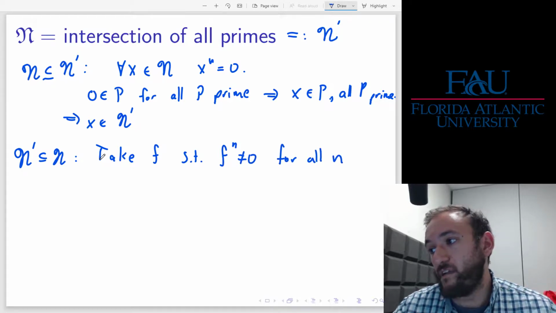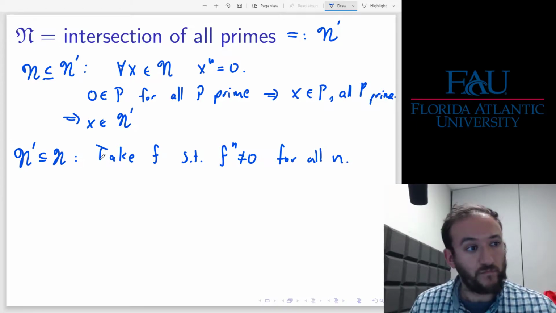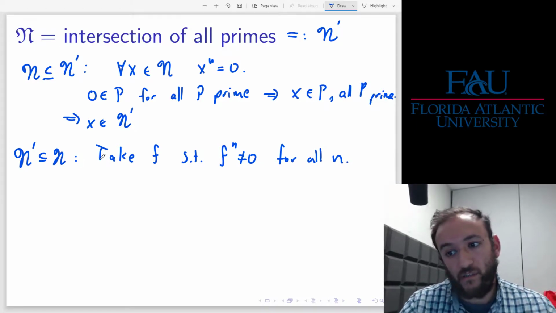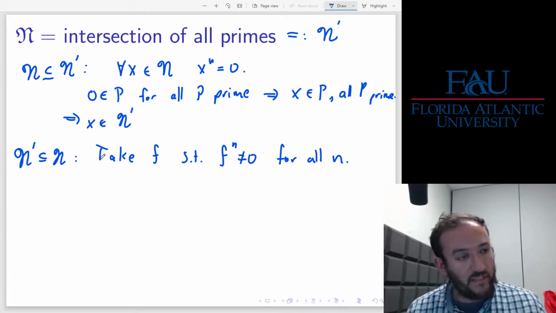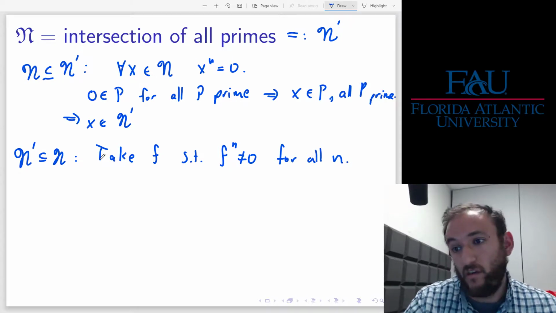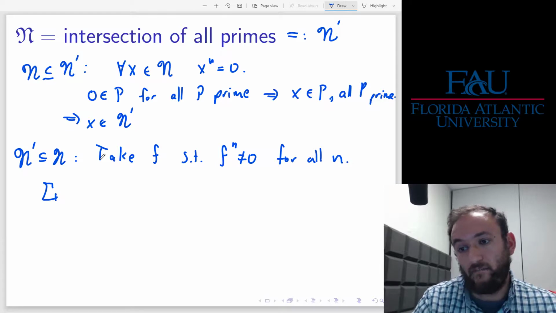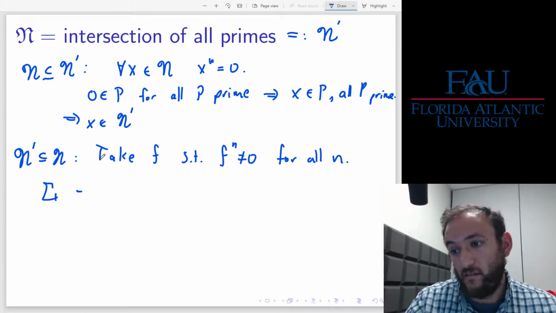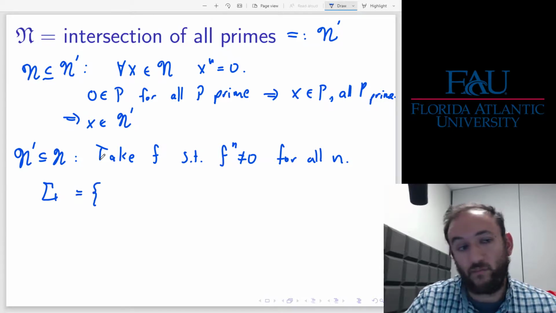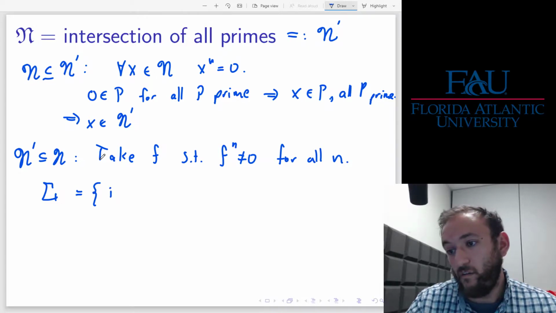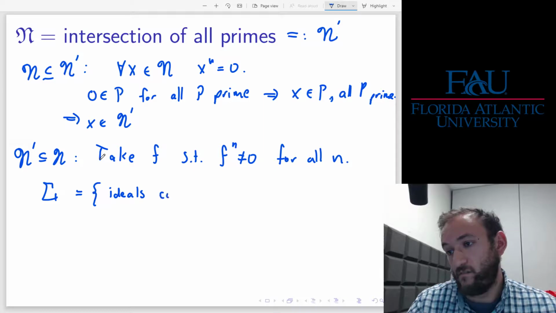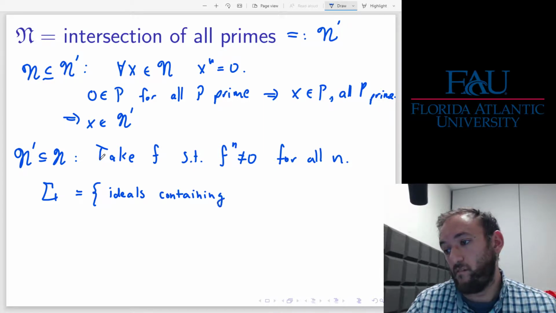So this is a non-nilpotent element. Now we're going to make a similar Zorn's lemma argument to the one we did before. So let's set up a family of ideals sigma, but instead of being all the ideals in the ring, this is going to be all the ideals containing no power of f.